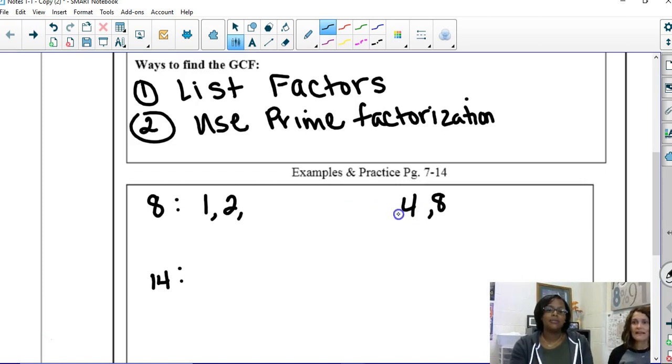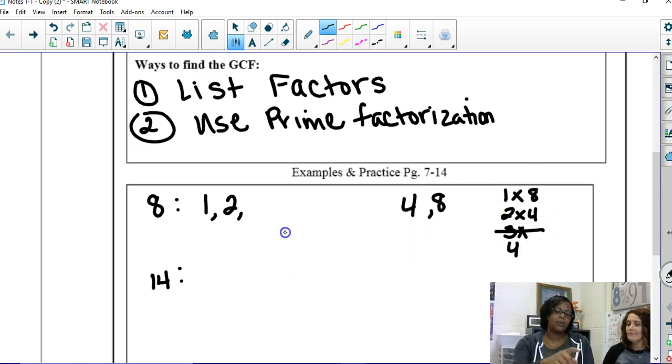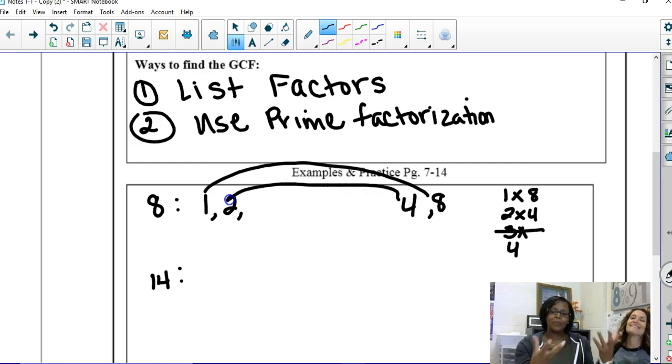Some kids list it this way: 1 times 8, 2 times 4, 3 times nothing, and when they get to 4, they're repeating again. So those are all their factors. The reason we call it the rainbow method is that you can connect 1 to 8, and 2 to 4, making a rainbow.